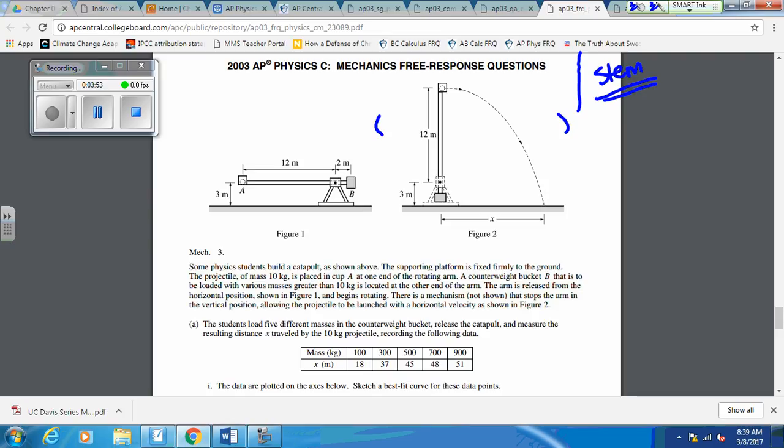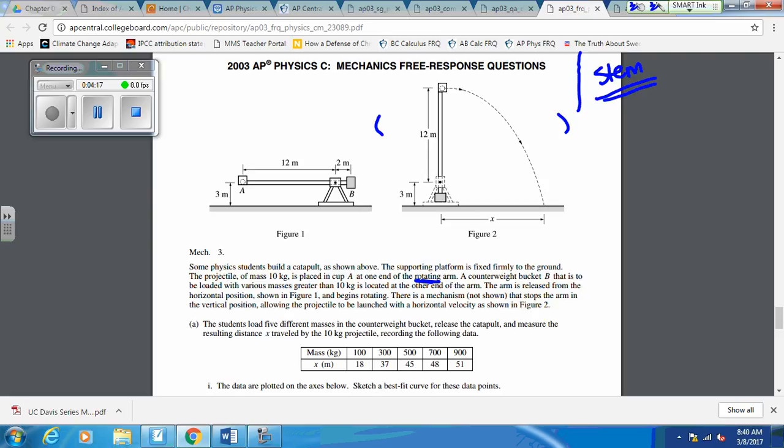So these words are very often little breadcrumbs that they give that will help us to figure out what approach we're going to take. A counterweight bucket B that is loaded is located at the other end of the arm. The arm is released from the horizontal position and begins rotating. There's the mechanism that stops the arm in the vertical position, etc.